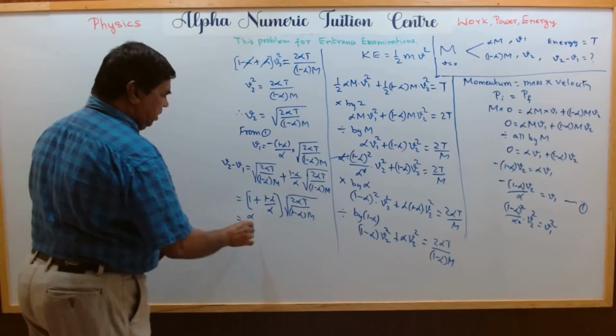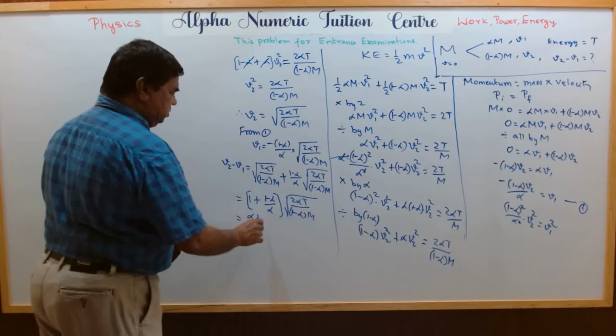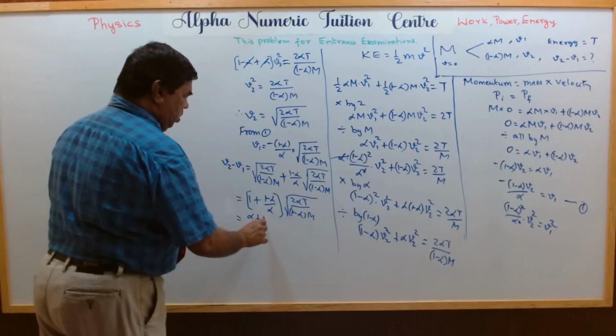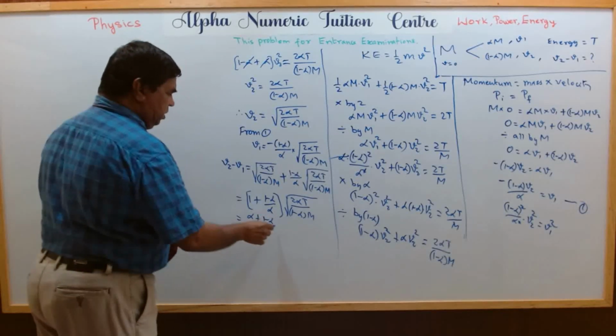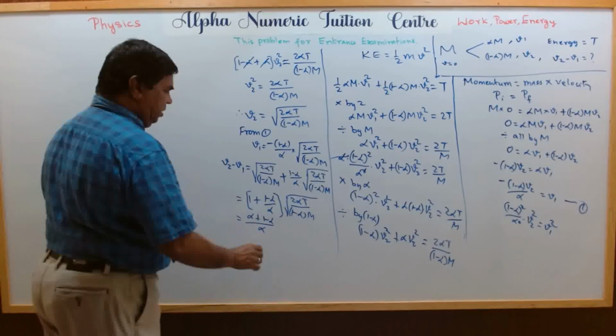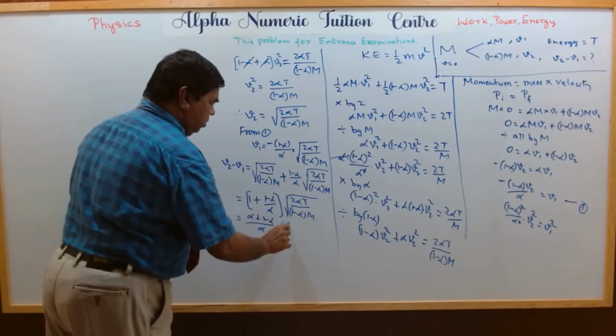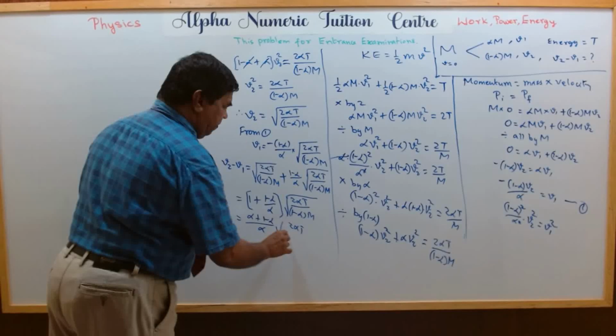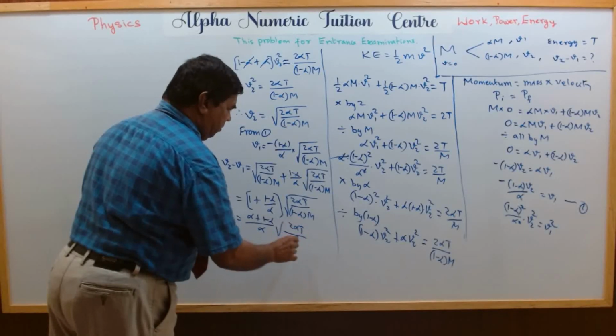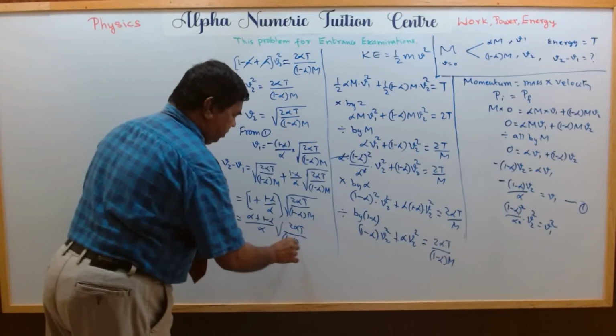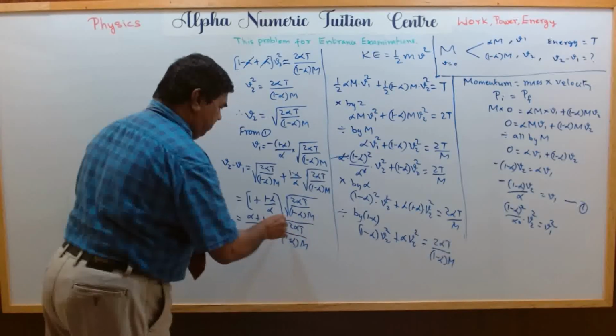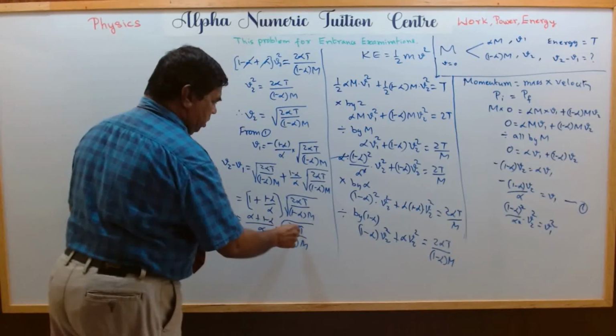Now taking LCM, this will become alpha plus 1 minus alpha by alpha, into root of 2 alpha t divided by (1 minus alpha) into m.